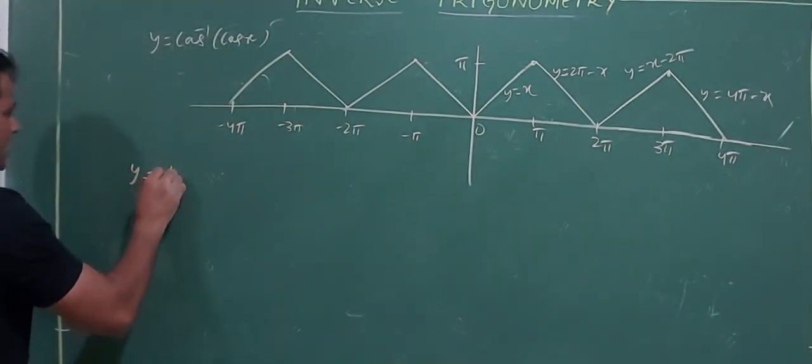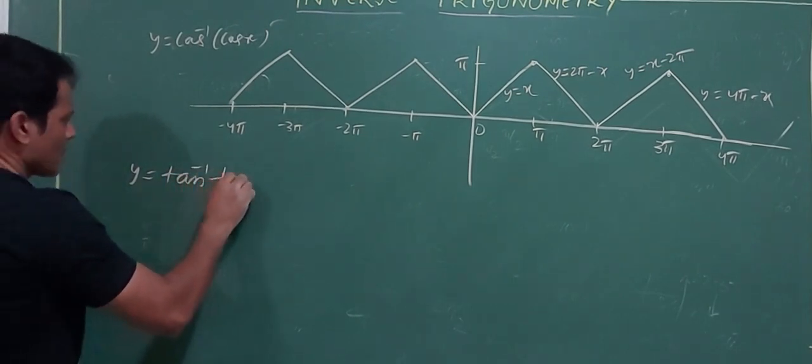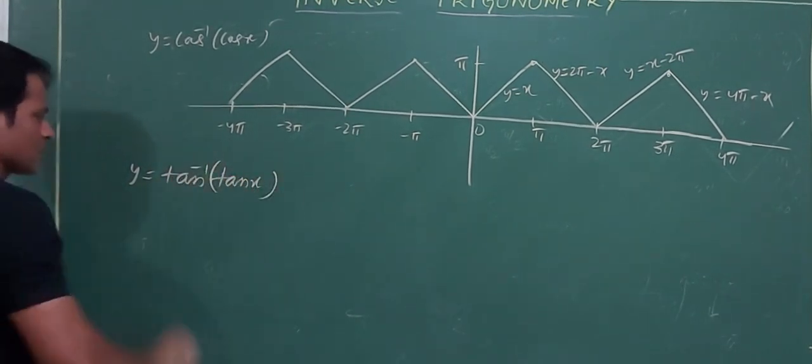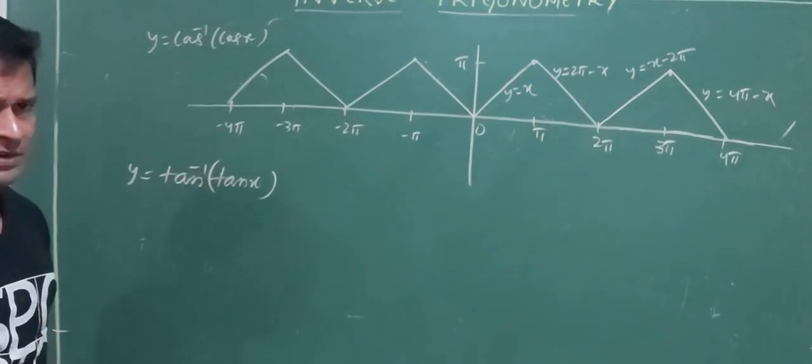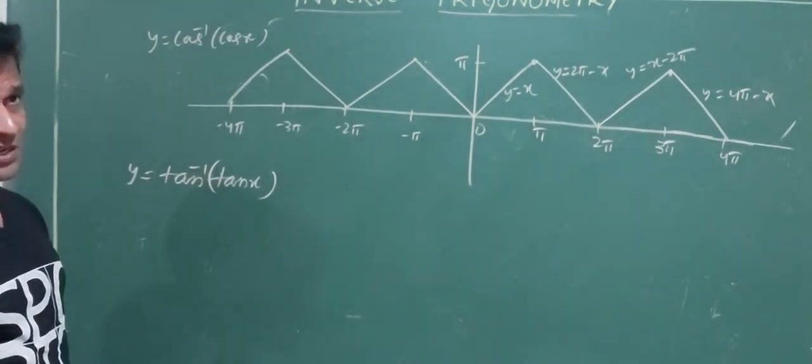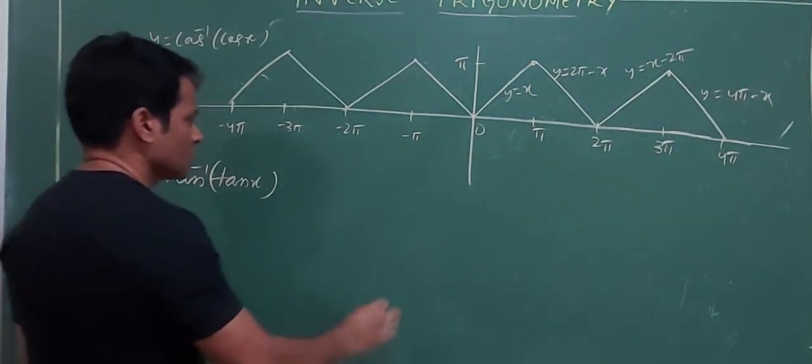Y is equal to tan inverse of tan x. The principal range of tan inverse is minus pi by 2 to pi by 2. The graph is not continuous, you can remember. So how to draw this graph?